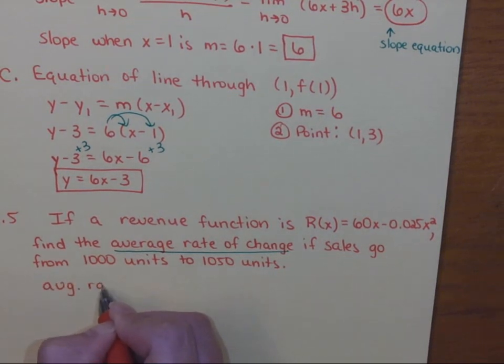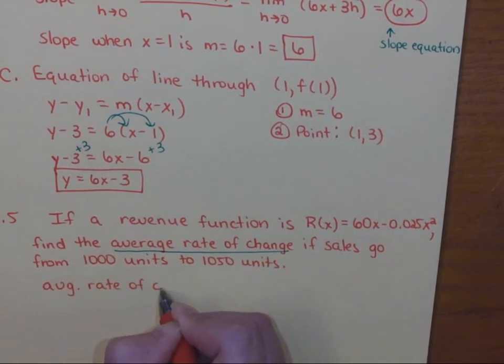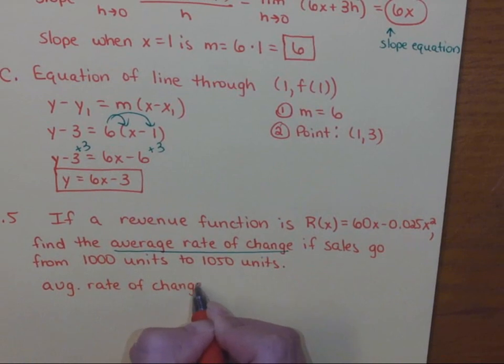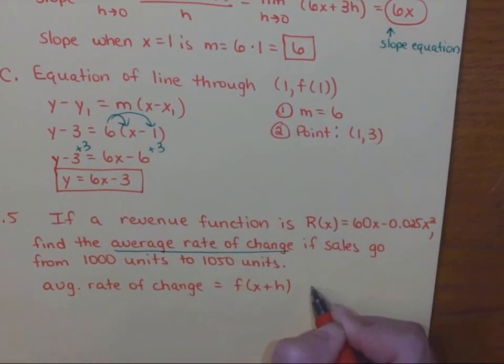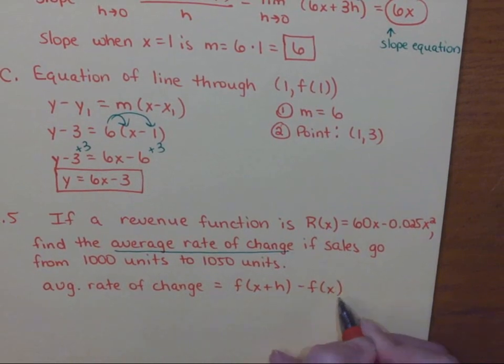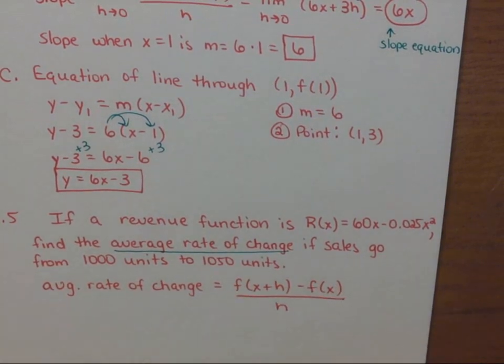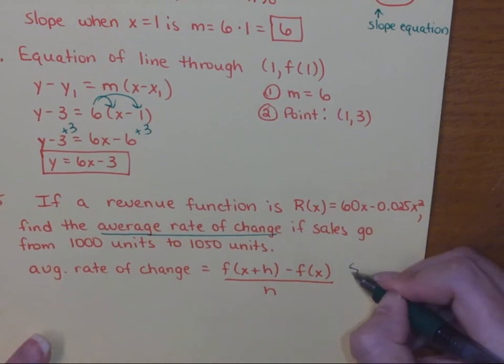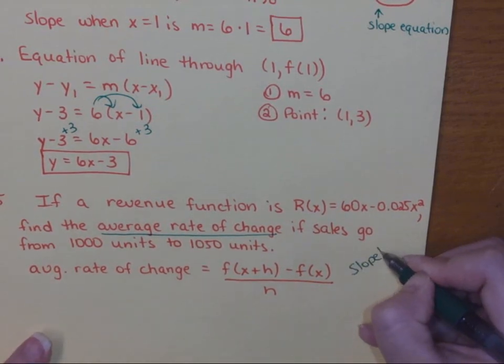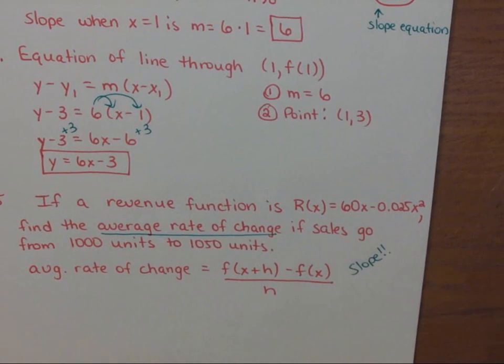Average rate of change: f of x plus h minus f of x, all over h. Just so you know, this is just a really fancy slope formula. This is just the change in y over the change in x.